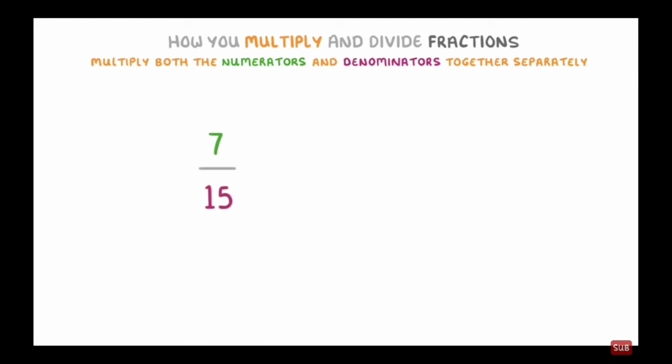So for 7 over 15 times 3 over 4, you would first multiply your numerators, so 7 times 3 to give you 21 as your new numerator, and then do the same thing for your denominators. So 15 times 4 to give you 60 as your new denominator, which means that the answer is 21 over 60.